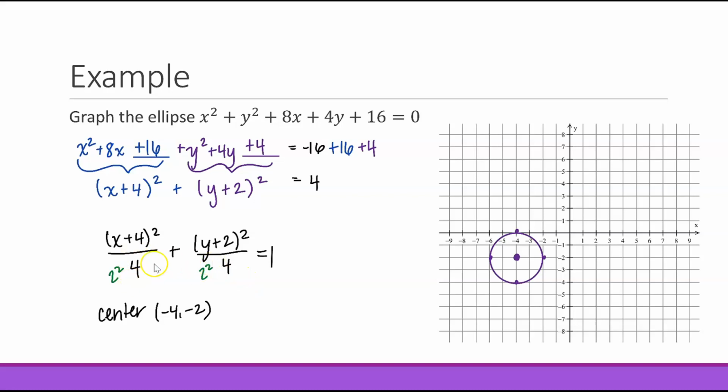With the denominators underneath each variable the same, because then we can write it in that standard form of a circle: x minus h squared plus y minus k squared equals r squared. So the center is -4, -2, and then it turns out we found that the radius is 2, because we in fact have a circle. A circle is a special ellipse.